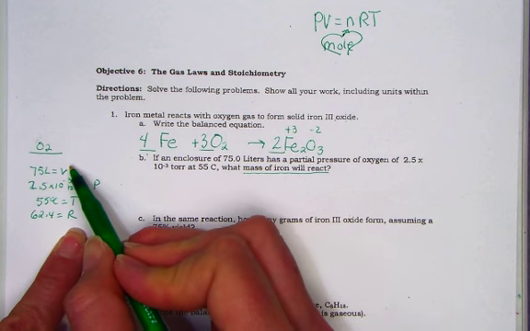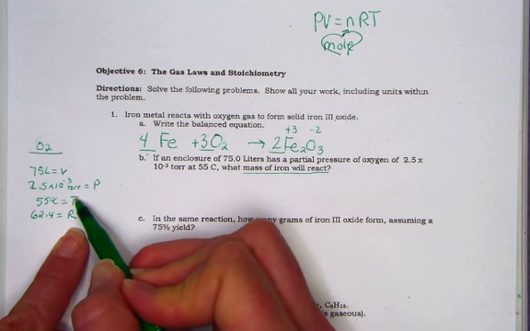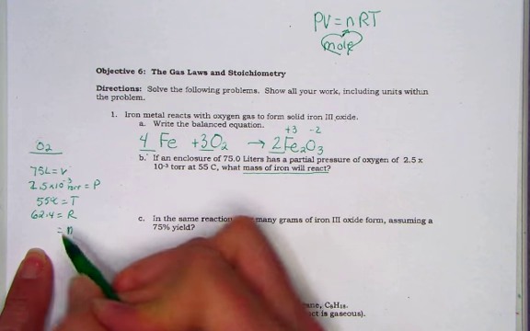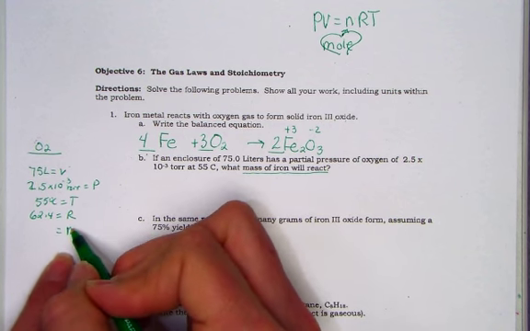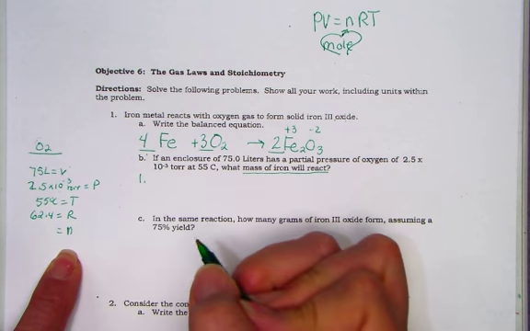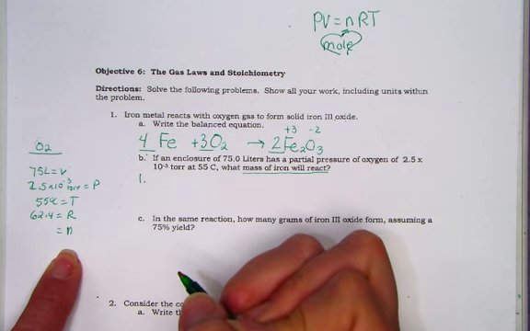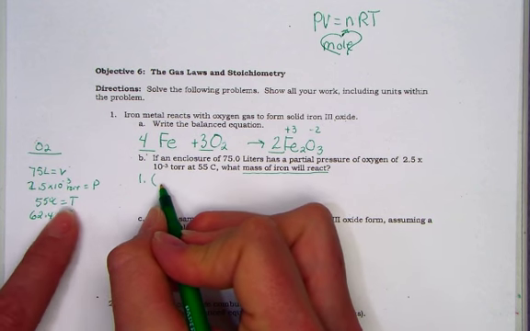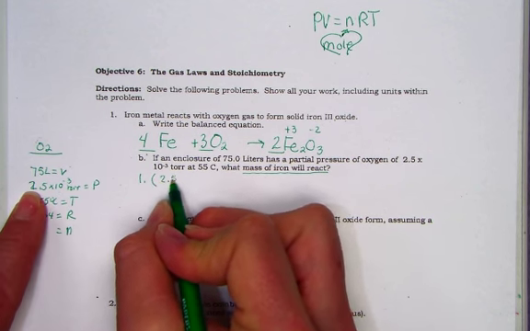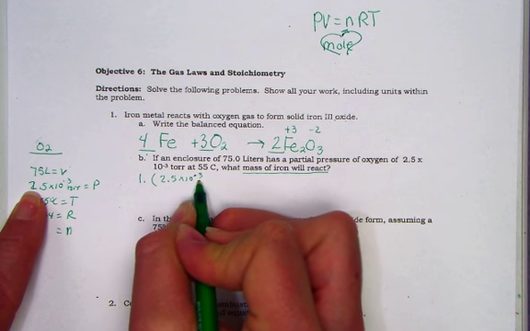Since I already know a volume, pressure, and temperature, the missing variable from the PV equals nRT equation is the n, the number of moles of oxygen. With this problem, we'll do PV equals nRT first, followed by the stoichiometry. Plugging in for what we know, the pressure is 2.5 times 10 to the negative 3 torr.